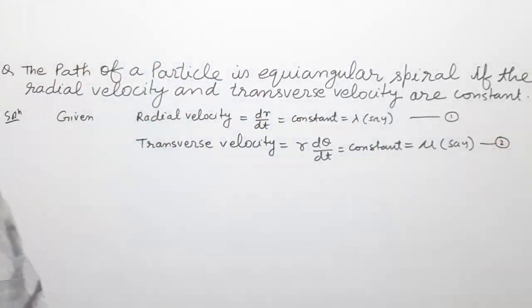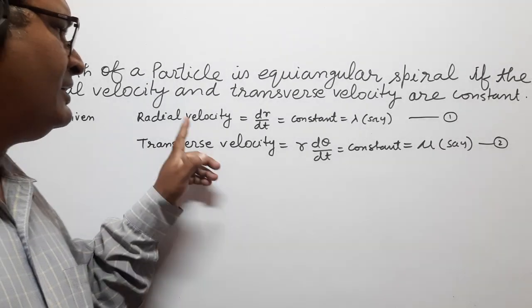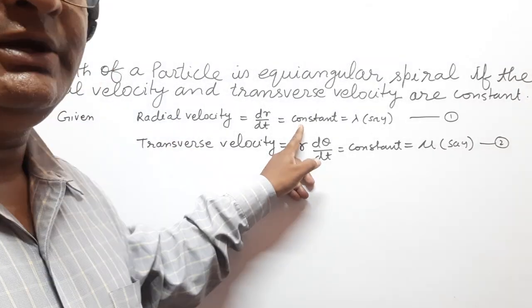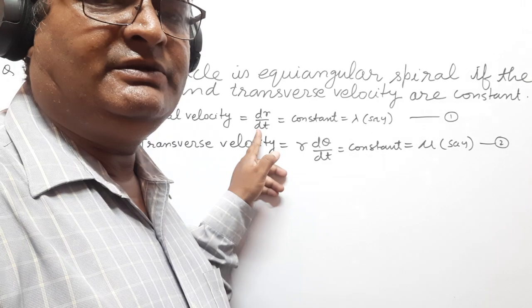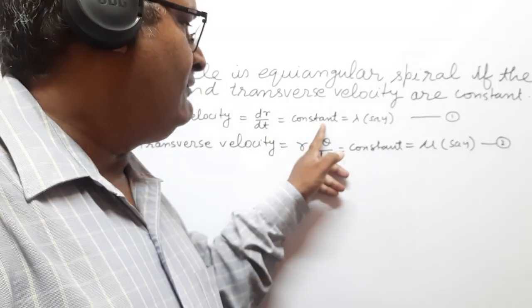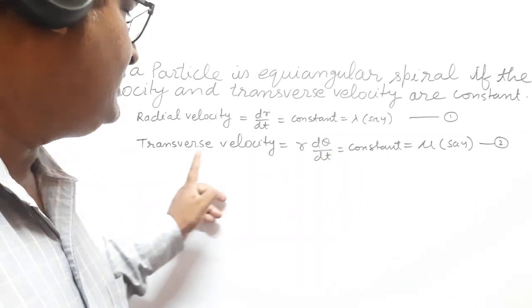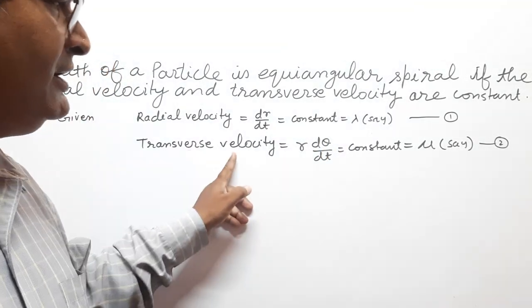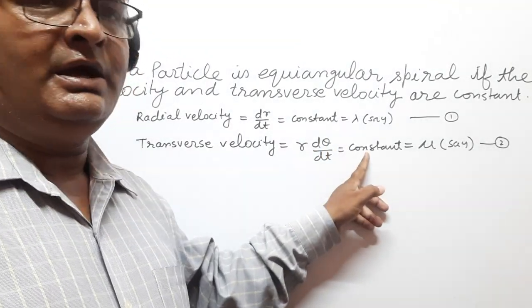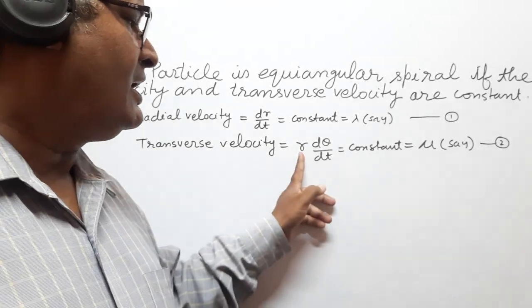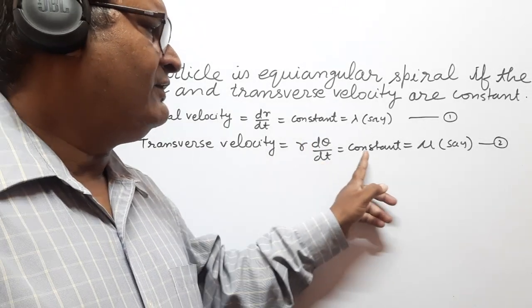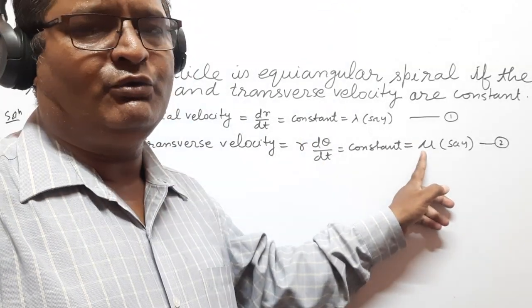Given is radial velocity is constant, dr by dt, and we suppose this constant is lambda. Again it is given that transverse velocity is constant, r d theta by dt, and we suppose this constant is equal to mu.